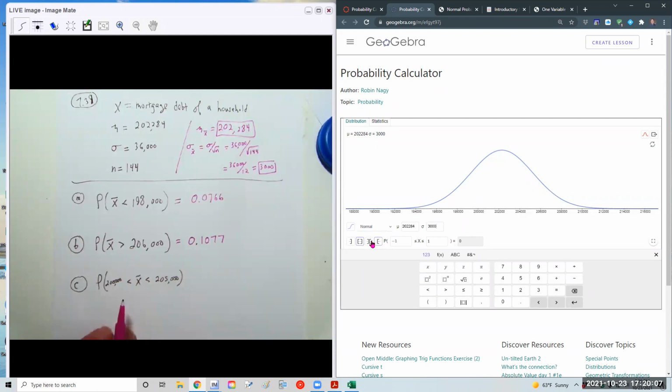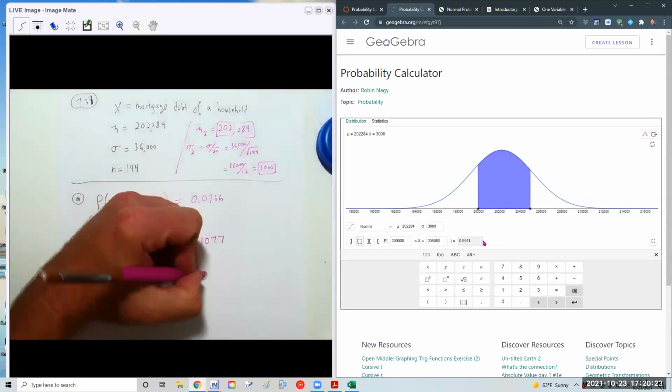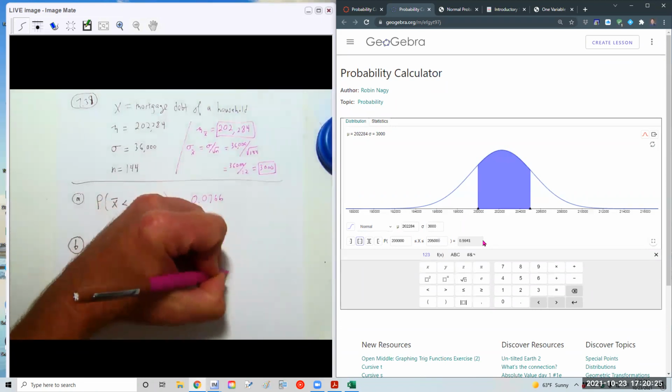And now just change these two numbers, right? 200,000 and 205,000. This is about 60%, so about 0.5941.